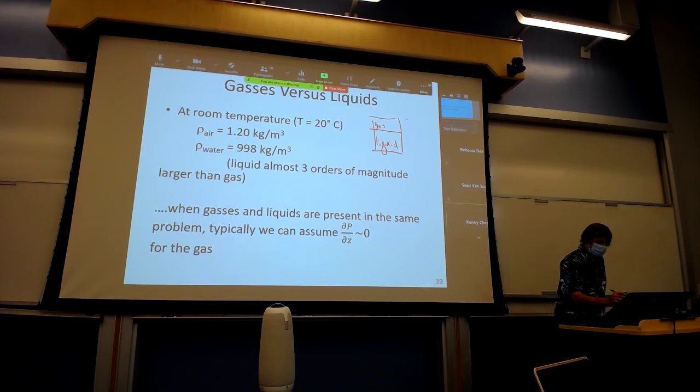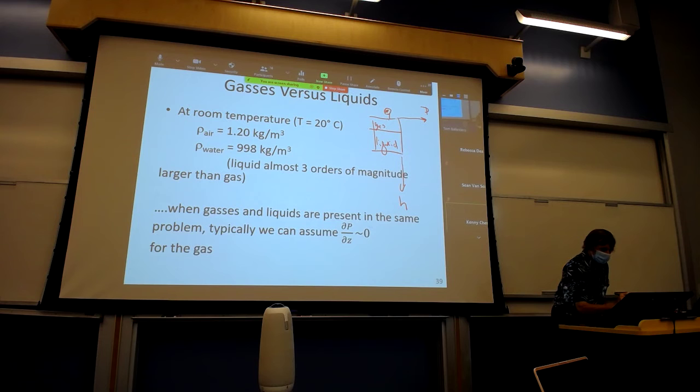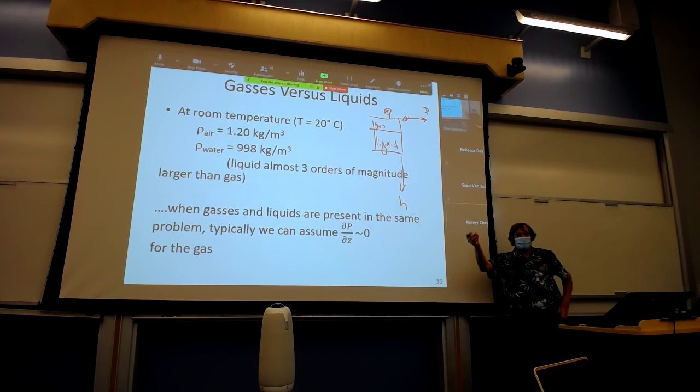what we would draw as far as a pressure distribution, so I'm drawing pressure out this way versus distance down from the top. Let's say we had this container under some pressure. So if this is a pressure gauge right here, we would have some pressure in the gas at the very bottom of that gauge.